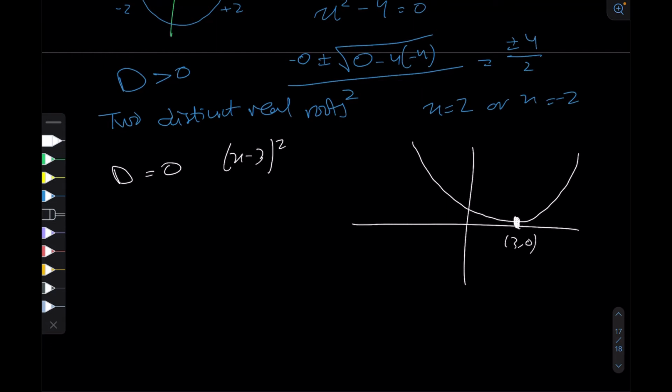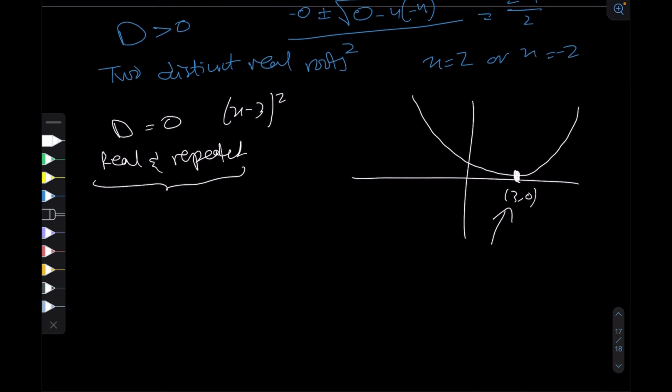So when D is equal to 0, the roots are real and repeated. If you want to think about it this way, there is just one root, and that's the right way of thinking, but just for the sake of being correct, we say that the roots are real and repeated, because there's an important theorem that for any quadratic there must be two roots. Anyway, so x minus 3 whole squared, let's expand this.